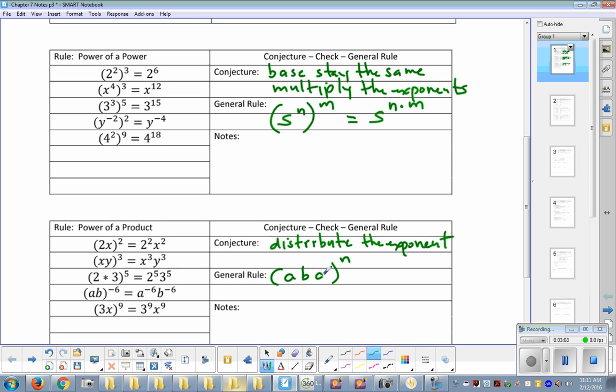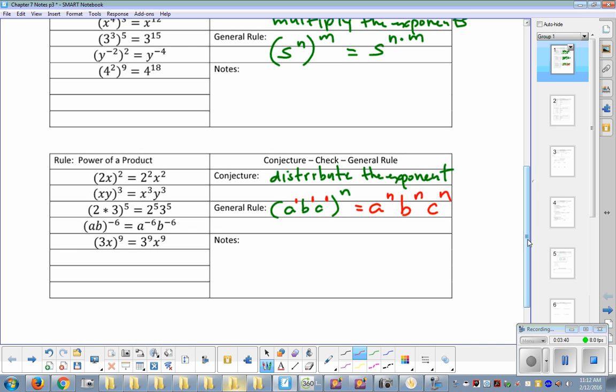So I suggest that you write the exponents of a, b, and c. If you cannot see an exponent, it means that the exponent is equal to 1. And then you distribute your exponent n to each of these exponents. So you will have a raised to n, b raised to n, then c raised to n.